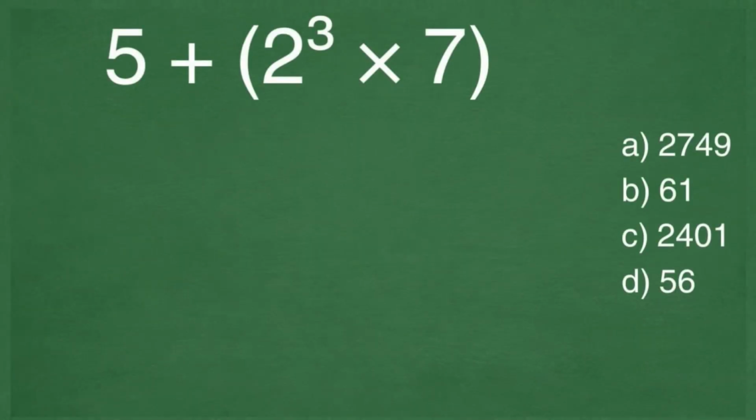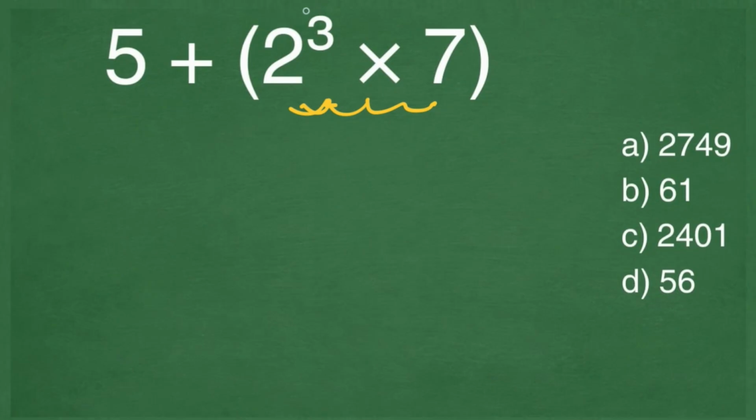Okay, let's go back to our original problem. It says 5 plus parentheses 2 to the power of 3 times 7 close parentheses. First we have to solve the parentheses, so we work inside them.